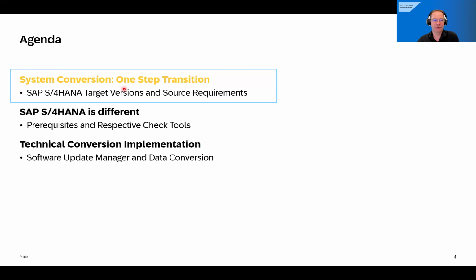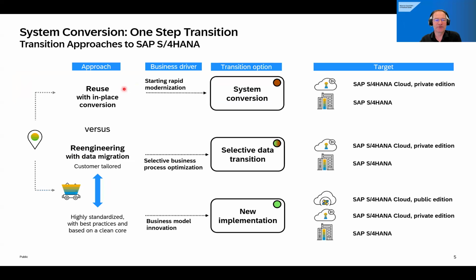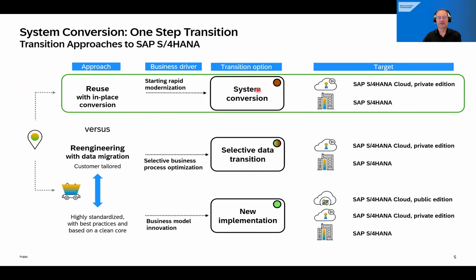So starting, of course, with system conversion, a one-step transition, as we say. Overall, you know that the transition to SAP S/4HANA can be achieved with 3 different approaches. You see in the middle the transition option system conversion. That is what we're going to focus on today in this session. We also have the selective data transition, and we have the new implementation.